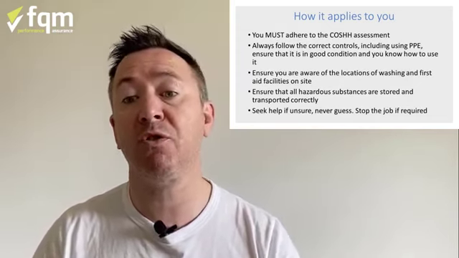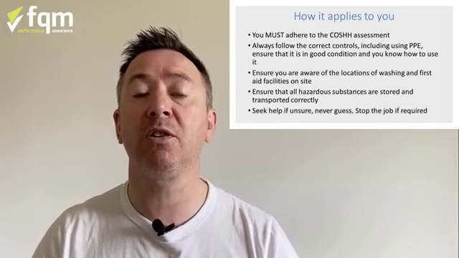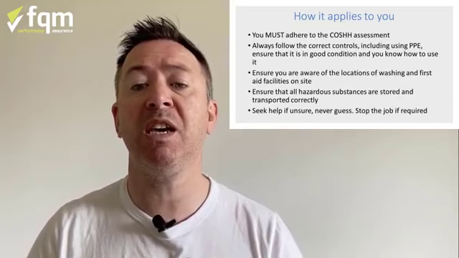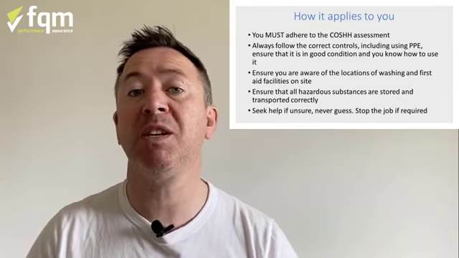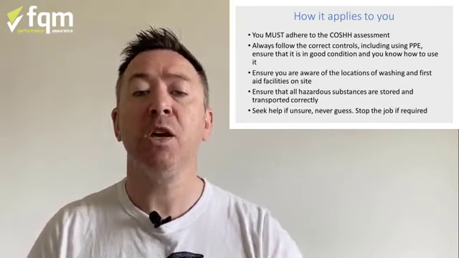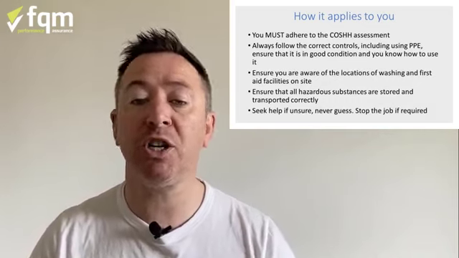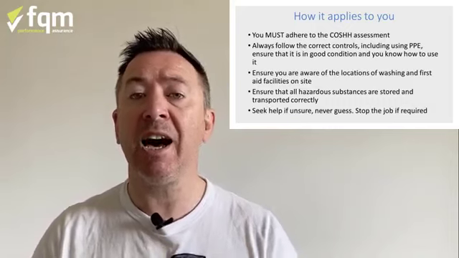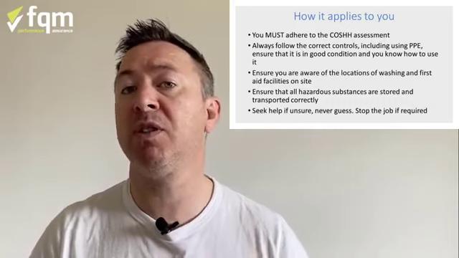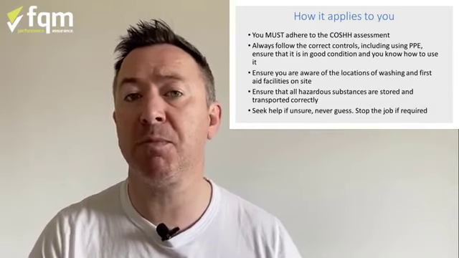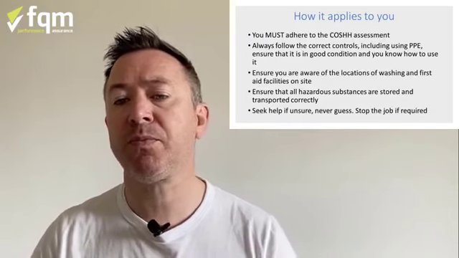Always follow the correct controls that are listed within the COSHH assessment, including the use of PPE and ensuring that the PPE is appropriate and in good condition. You must ensure you're aware of the locations of any washing or first aid facilities, and of course be aware of what the emergency protocols are if an emergency occurs.